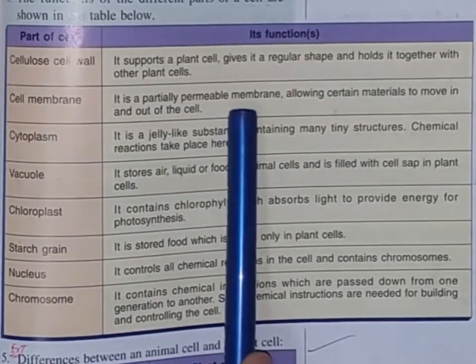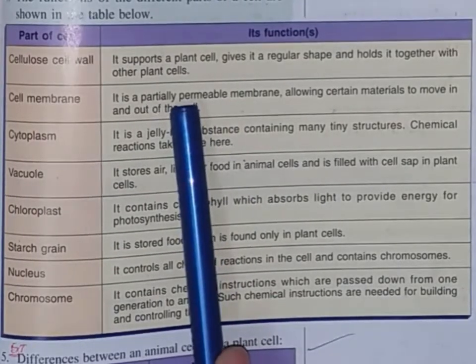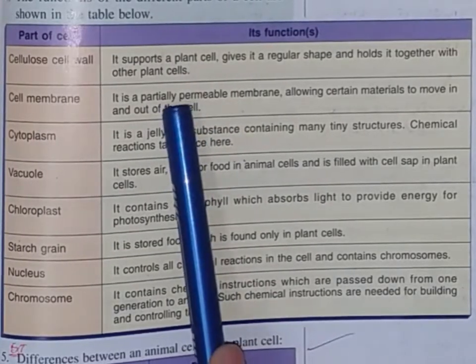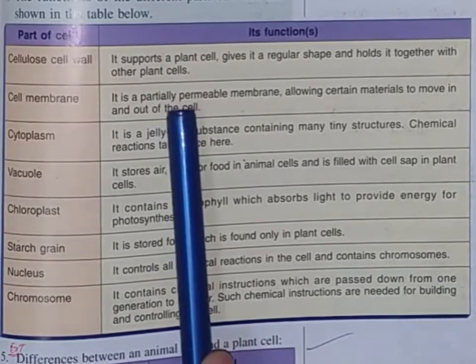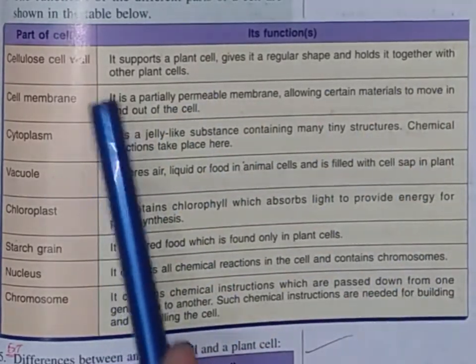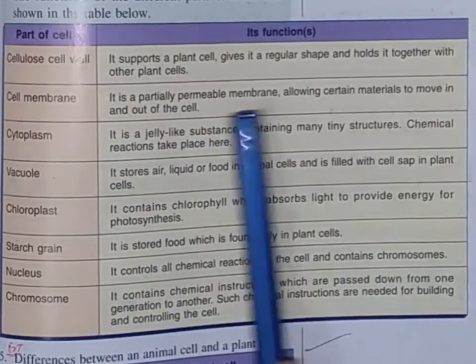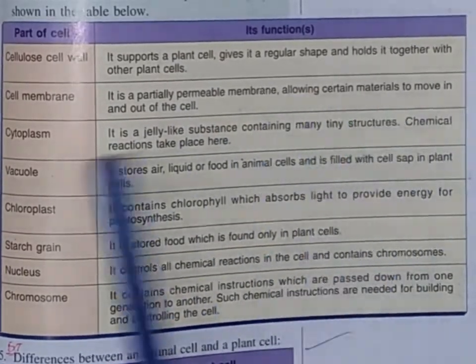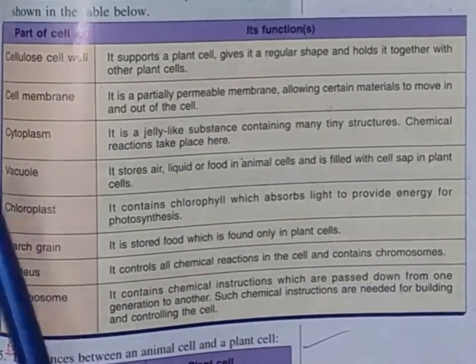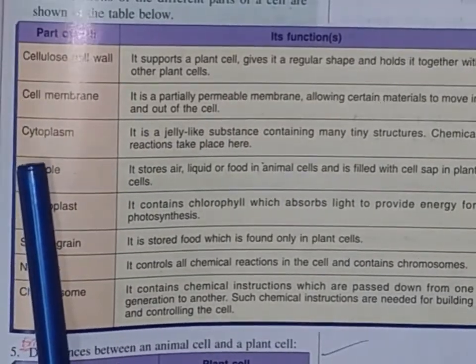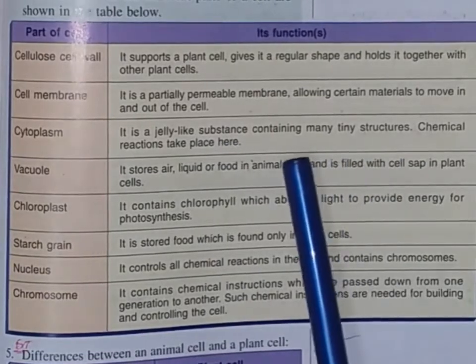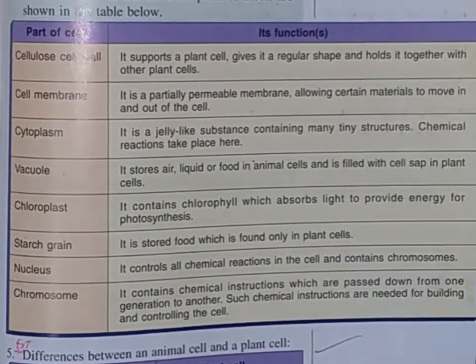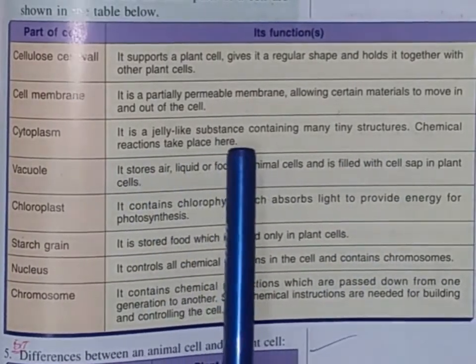It is a partially permeable membrane. What is a partially permeable membrane? A partially permeable membrane is one which allows some molecules to pass through but not others. It allows certain materials to move in and out of the cells. Third one is cytoplasm. It is a jelly-like substance containing many tiny structures. Chemical reactions take place here.